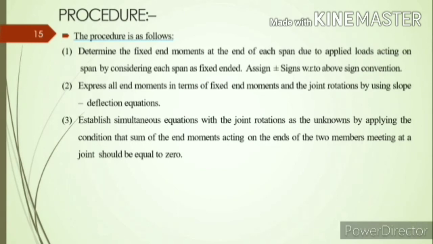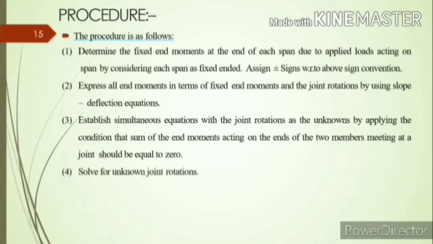So when we consider a joint, the summation of all the end moments acting on that joint should be equal to 0. This is the third step: establish all the simultaneous joint equilibrium equations.